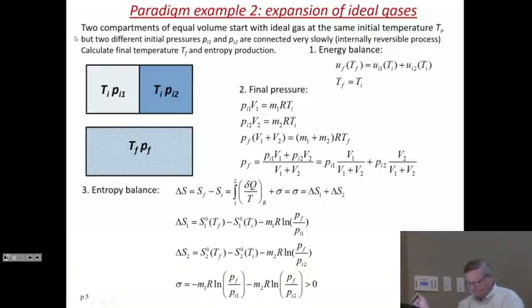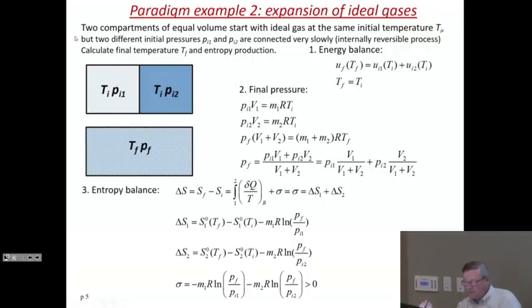So, energy balance: U is U1 plus U2. Say that we have equal volumes and different pressures, so we have to write the total U here. T final is T initial, because of conservation of internal energy.